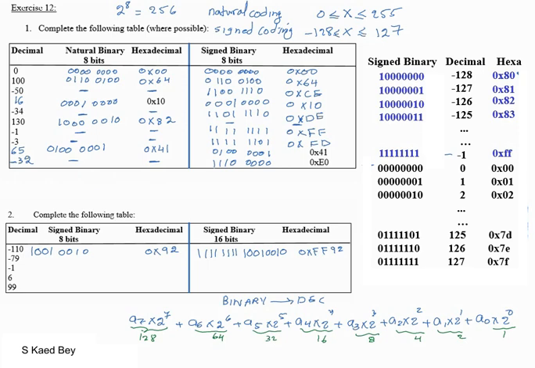If we take a negative 79, let's assume that we have the absolute value of minus 79. This is a 0, and we have 1 64 in it, 0 32, 0 16. We have 1 8, 1 4, 1 2, and 1.